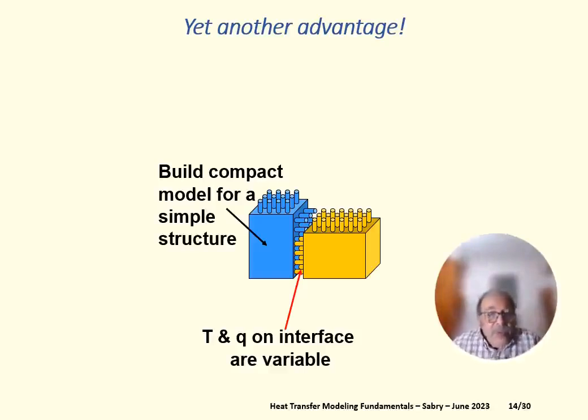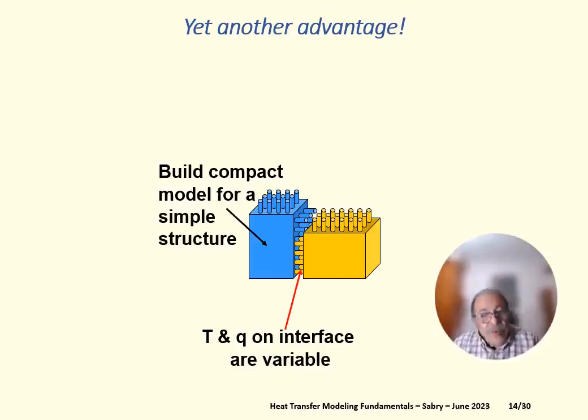The only thing I have to do is to say that the variable temperature on one side should be equal to the variable temperature on the other side, and the variable heat flux from one side goes to exactly the variable heat flux on the other side. If I do this, I can easily join the two matrices, and I'm making no approximation.